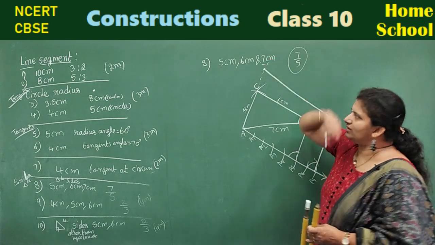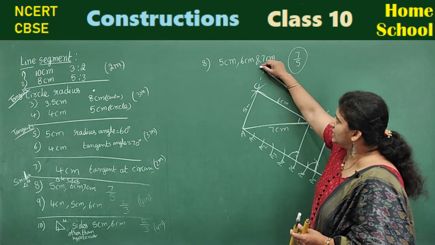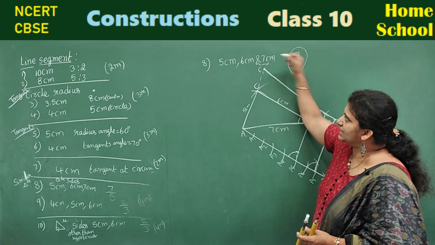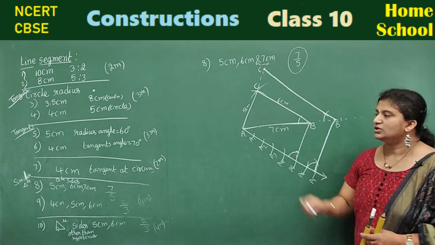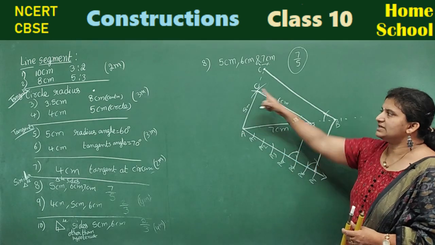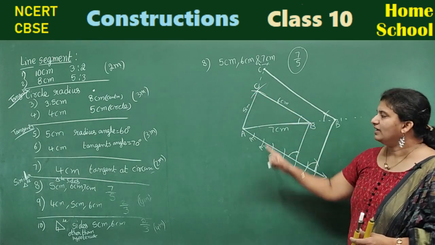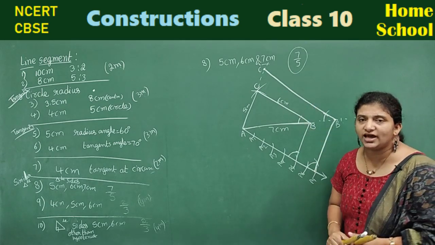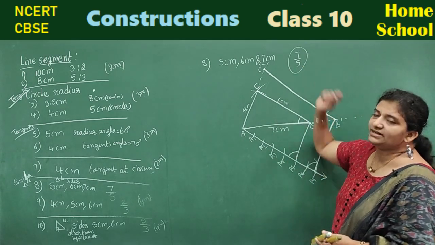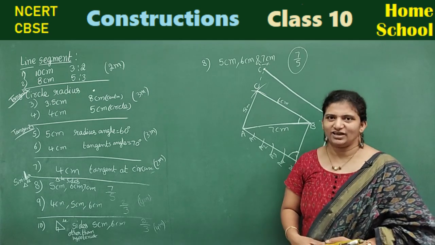You are going to get another point. So observe here, C extension, C dash. B extension, you can mark B dash. So ABC is the original triangle and AB dash C dash is the corresponding triangle having sides in the ratio 7:5.